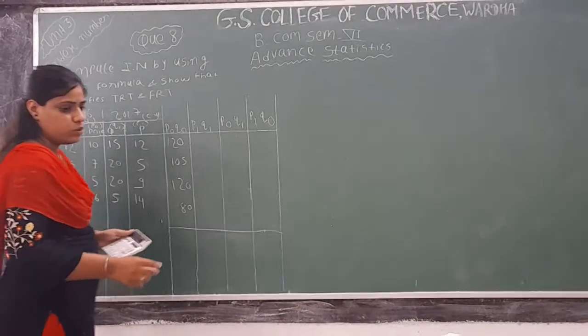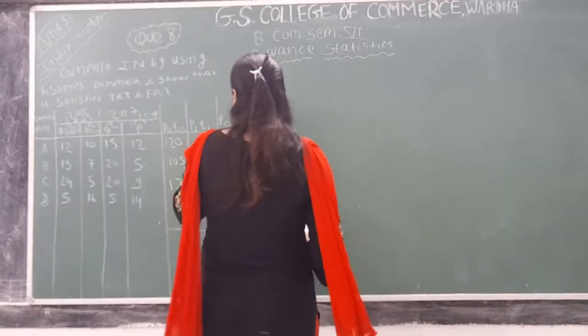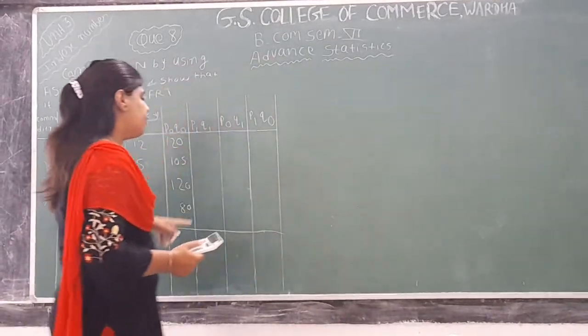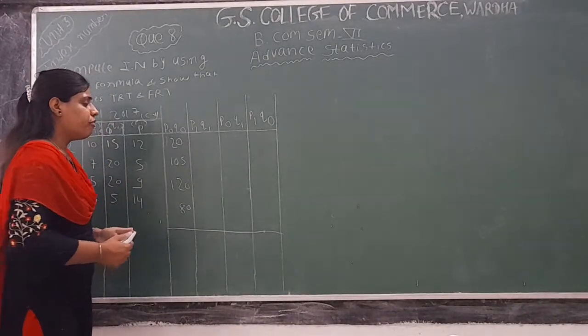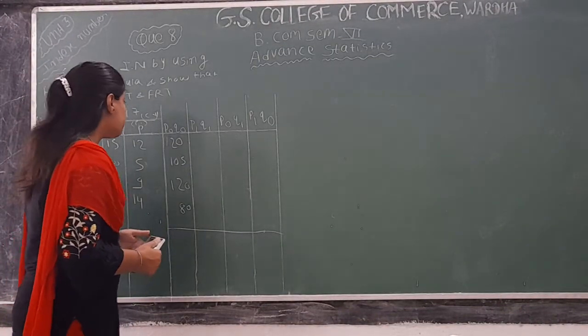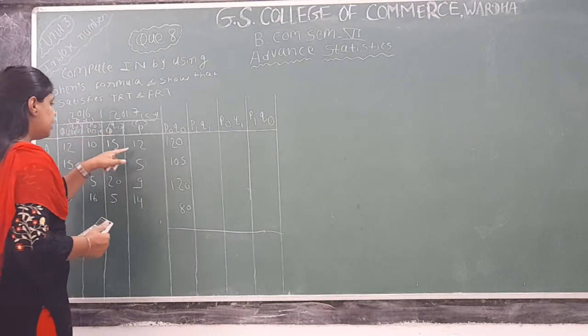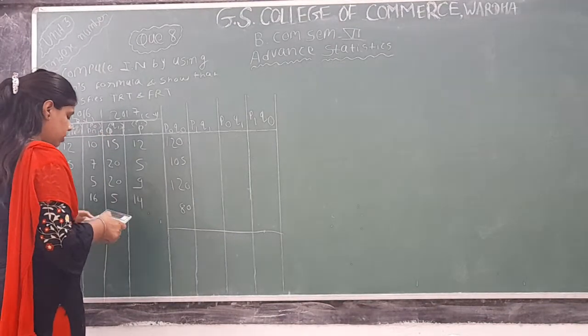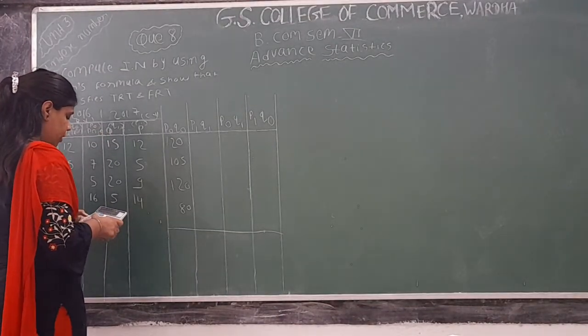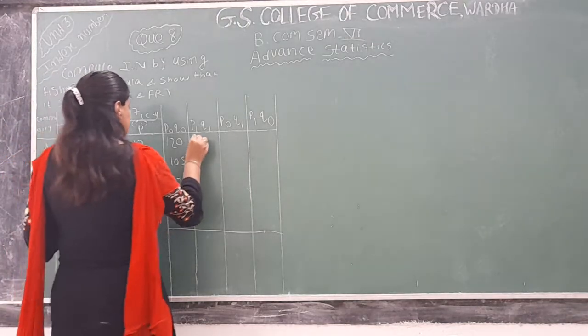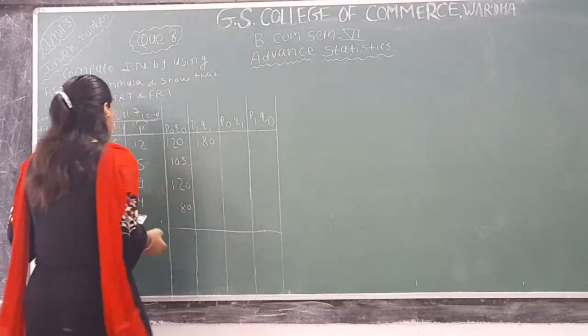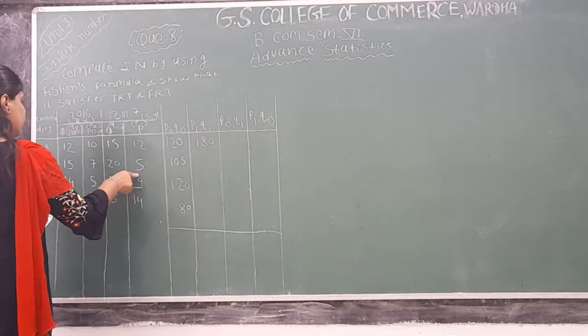After that, we have to do the same thing for P1Q1. Here we have been asked to compute the product of prices of current year and the quantities of current year. So for commodity A, it will be 12 into 15. It will become 180. After that, for commodity B, it's 5 into 20.